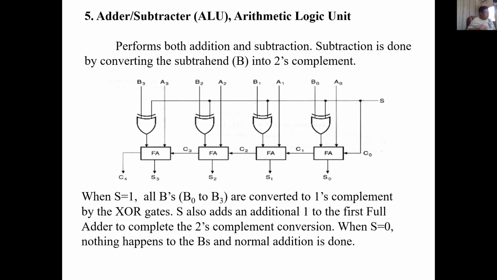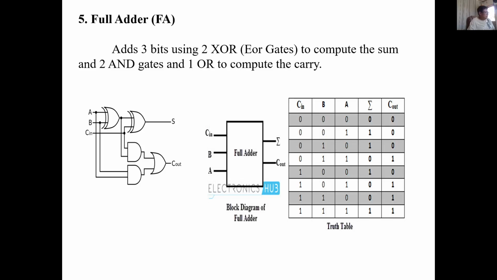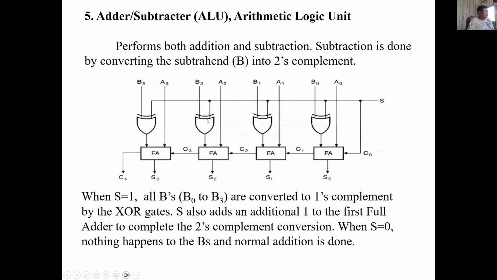In an adder-subtractor or arithmetic logic unit, the full adder as a white box is used to create register addition. In this case, we are presented with a nibble adder where A is added with B using the full adder, and it will output a sum and a carry.